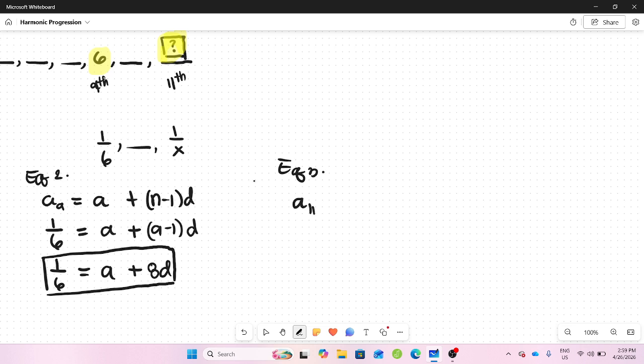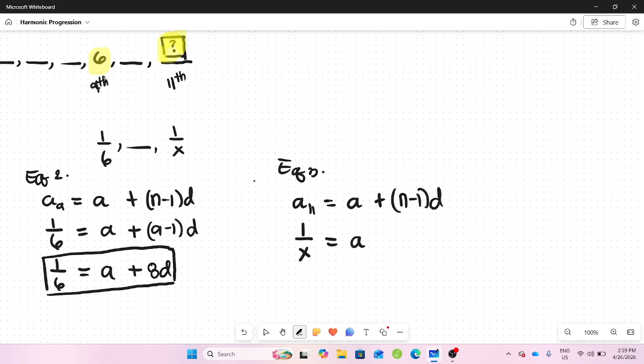So A11 is A plus n minus 1 times D. So this is gonna be 1 over x because we don't know the value of this.